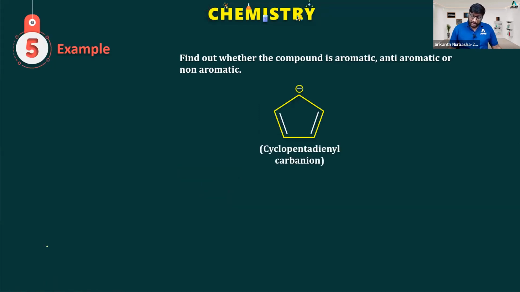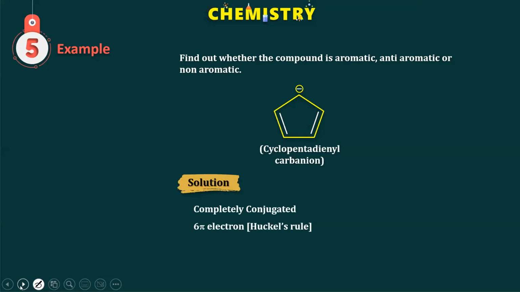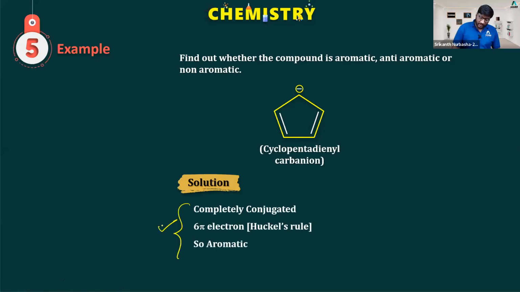What about this? Cyclopentadienyl carbanion. 2 pi bonds and 1 negative charge, that is 6 pi electrons. Cyclic, complete conjugation, planarity is there. Huckel's rule satisfied, so aromatic or not? Yes. 6 pi electrons, all these are satisfied.